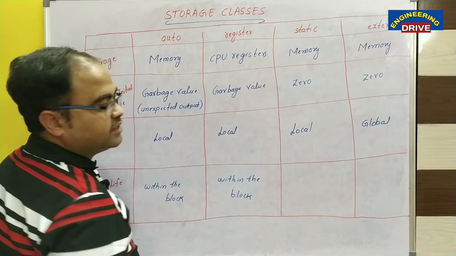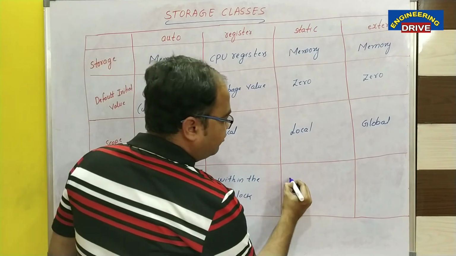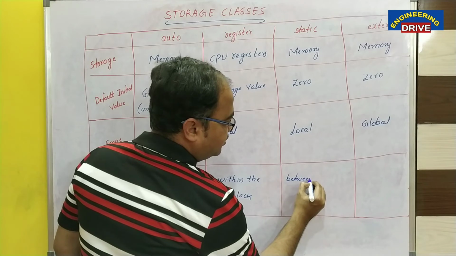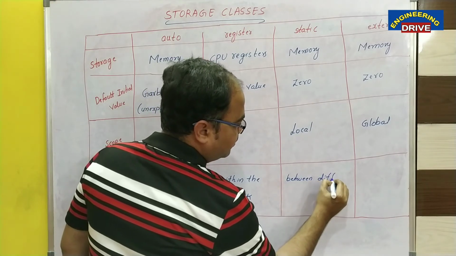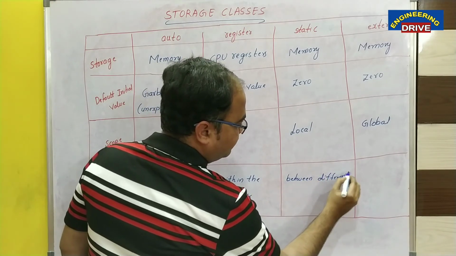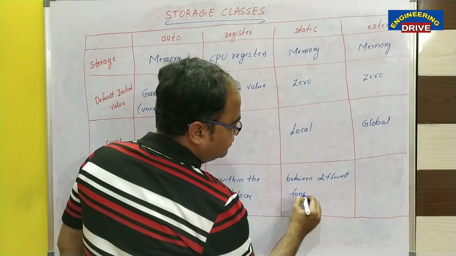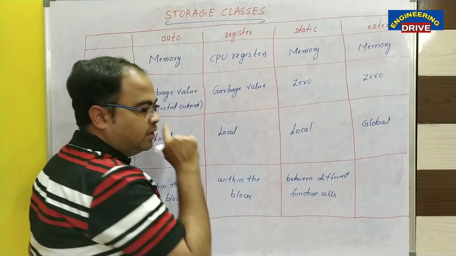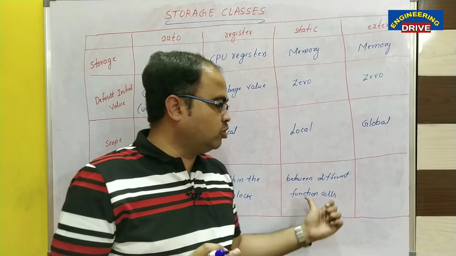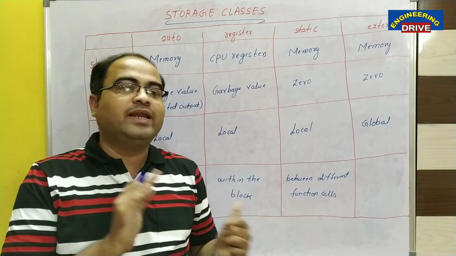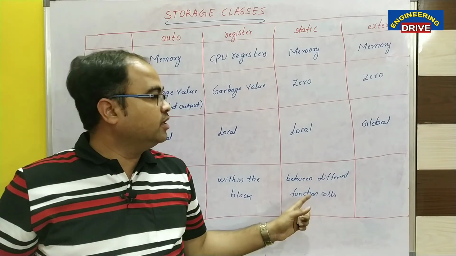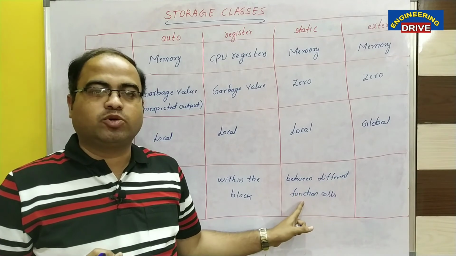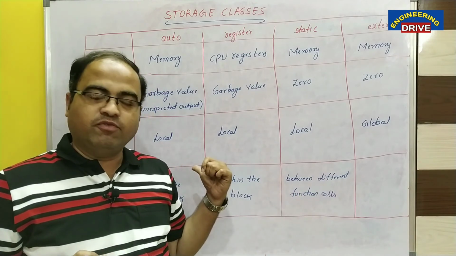And in case of static storage class, the life of the variable exists between different function calls. Between one function and another function also, the life of the variable value will exist. It will not be lost in case of static storage class. This is one unique difference in static storage class in terms of life of the variable.